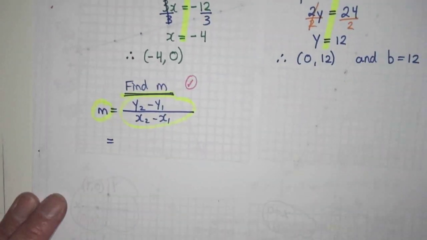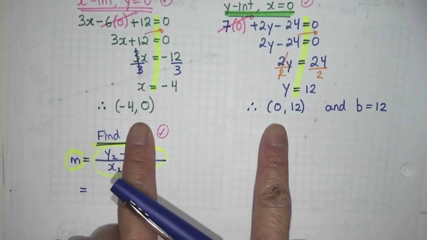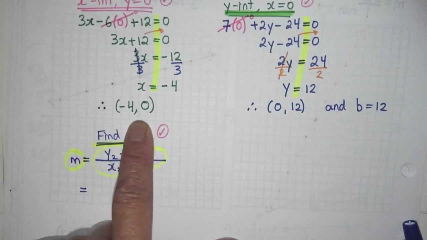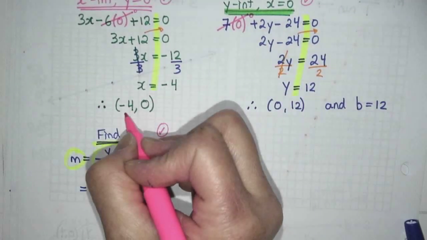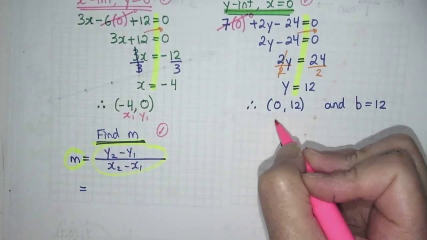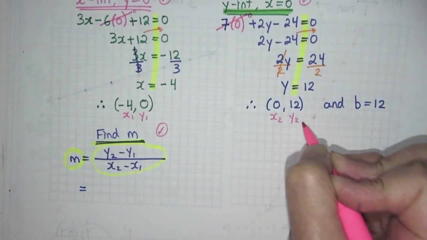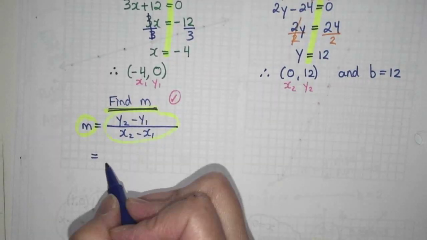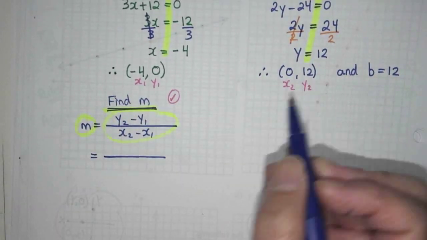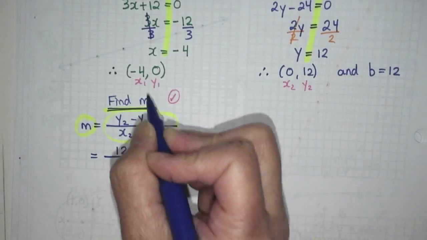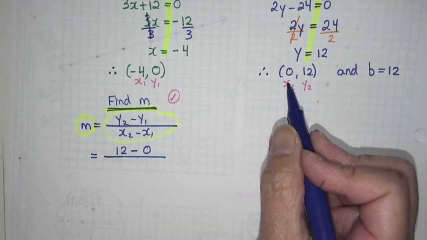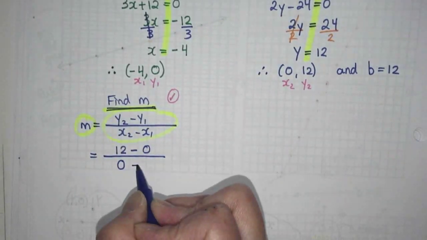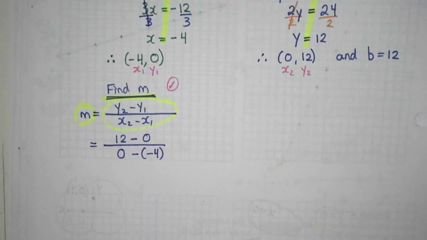And now we've got two coordinates right here. For my two coordinates, you don't have to label it, but this is x1, y1, x2, y2. I label it underneath so you guys can follow better. y2 would be 12 minus 0. x2 would be 0 minus negative 4.